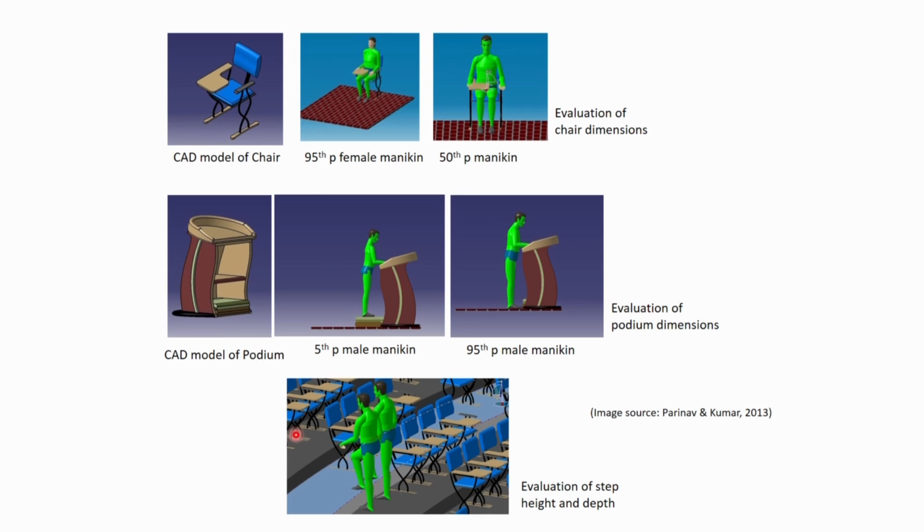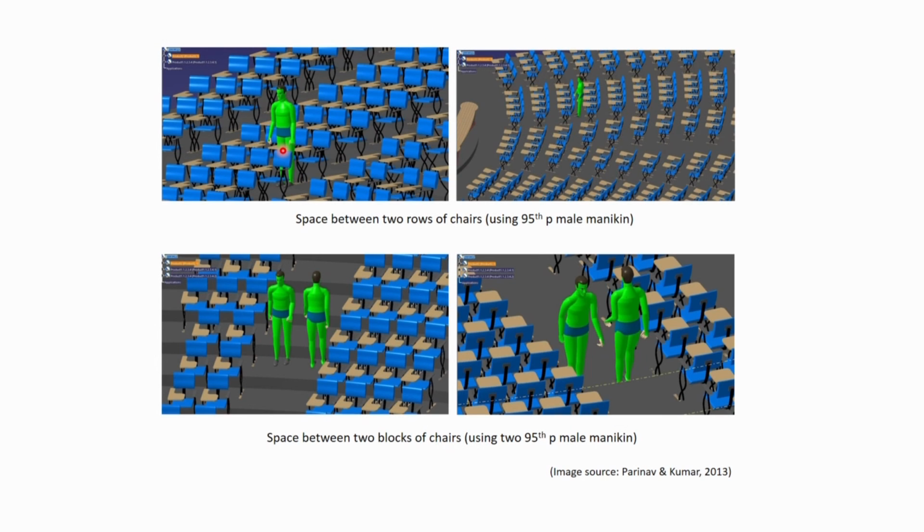Then inside that conference hall, for various steps, the height and whether the space is sufficient for movement of the people are also evaluated. From this image, it is visible that while the chairs are arranged in block form, in between two rows of chairs the space is sufficient so that 95th percentile people with larger body dimension can easily go inside and come out.